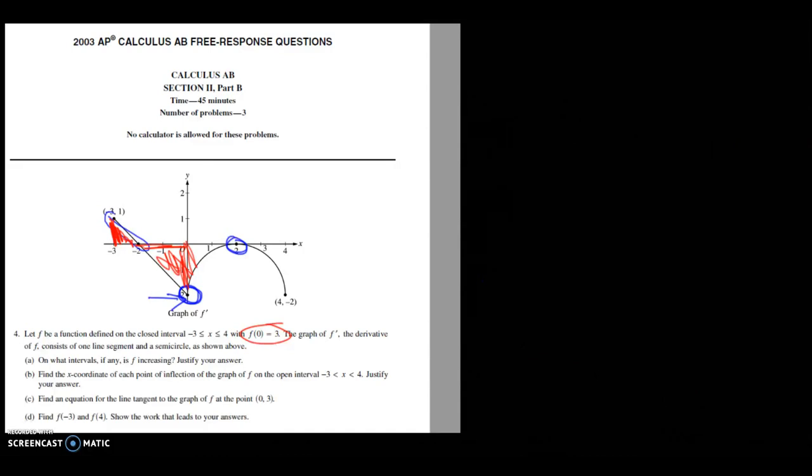The integral from 0 to 4 of f prime of t dt is going to equal f of 4 minus f of 0.